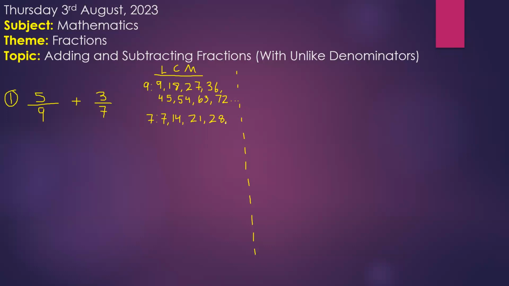So 7 times 4 is 28, 7 times 5 is 35, 7 times 6 is 42, 7 times 7 is 49, 7 times 8 is 56, 7 times 9 is 63, 7 times 10 is 70.